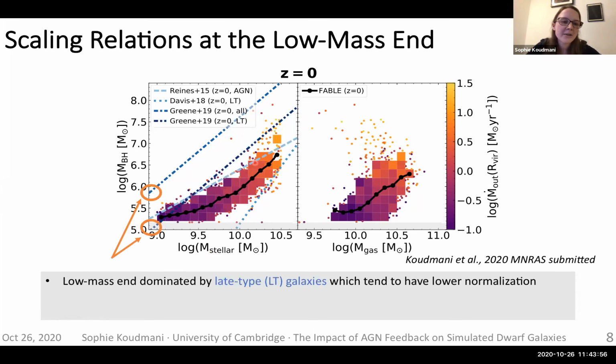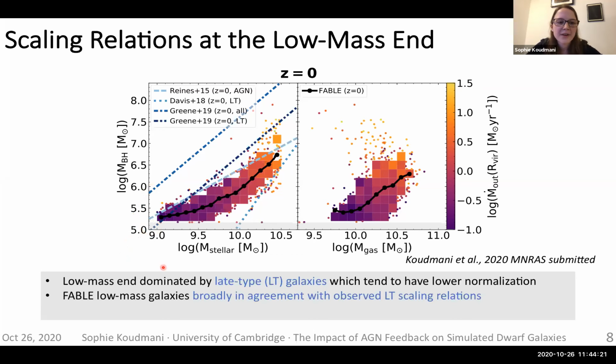And as you can see by looking at these two relations from Jenny Green 2019, this is pretty crucial. The upper one is a scaling relation derived from their whole sample, including all of the galaxies, whereas the lower relation only includes the late type galaxies, and the difference is 0.7 dex.